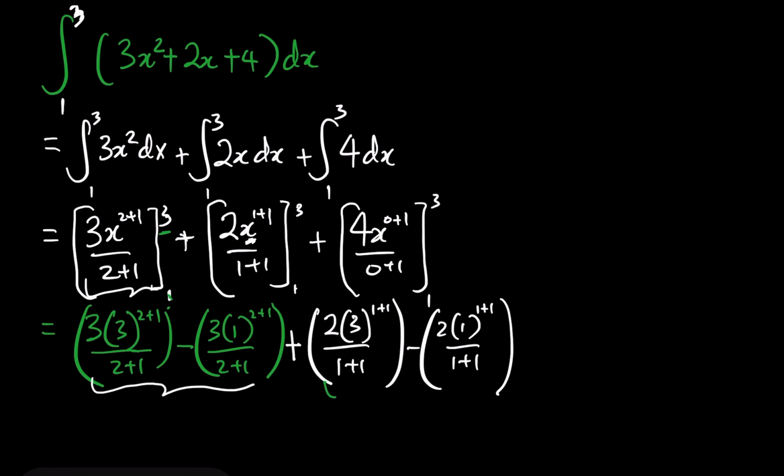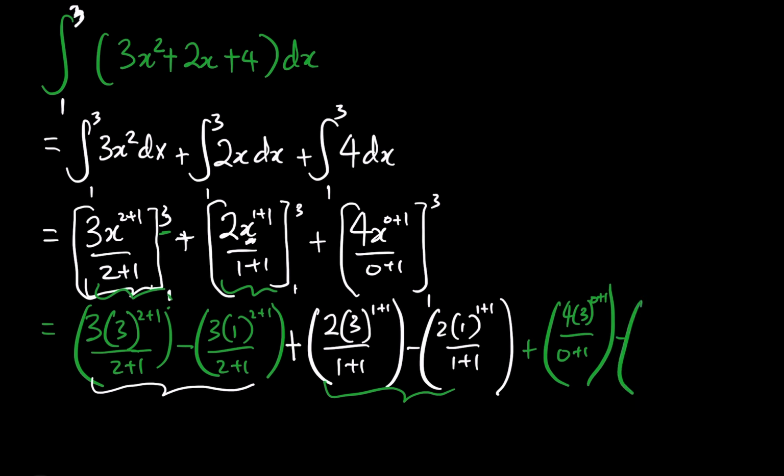So the next one is the last part, which is going to be 4 into 3 to the power 0 plus 1, all over 0 plus 1, minus 4 into 1 to the power 0 plus 1, all over 0 plus 1, in that order.